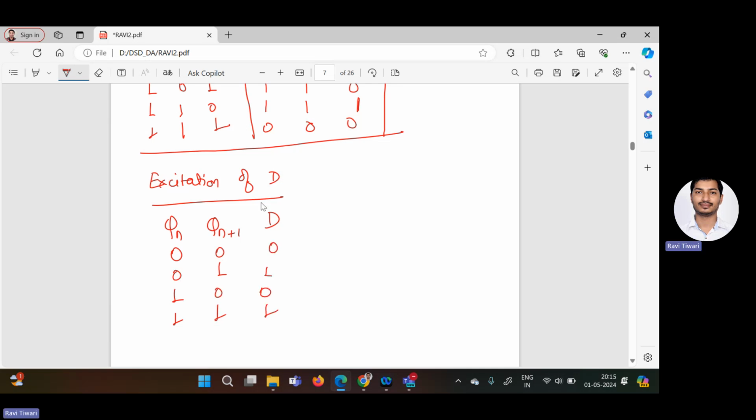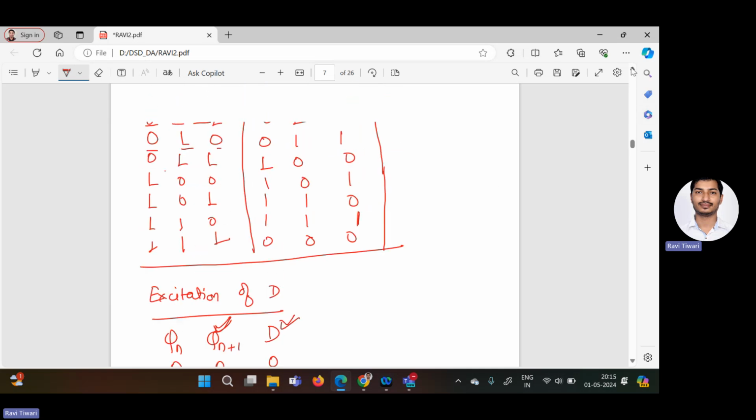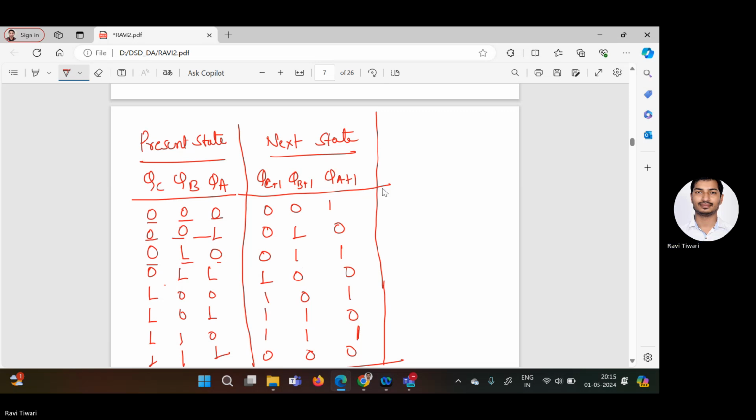It says that whatever will be the value of the next state, that is Qn plus 1, it is similar to that of D. So if you want to find out the value of DC, DB, and DA, it is similar to that of QC plus 1, QB plus 1, and QA plus 1.